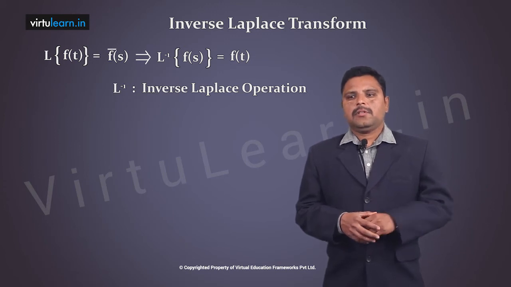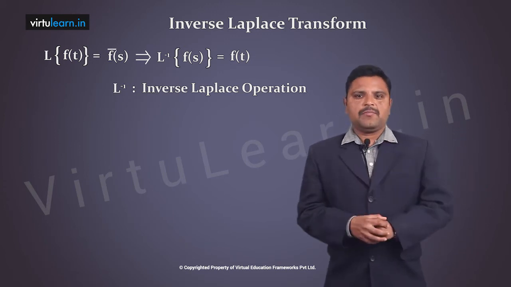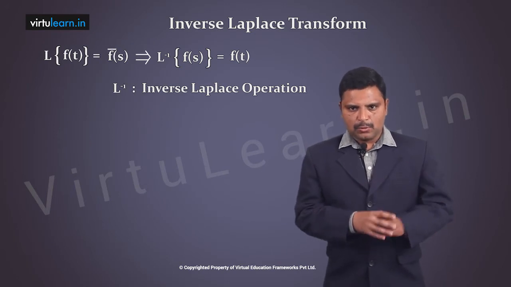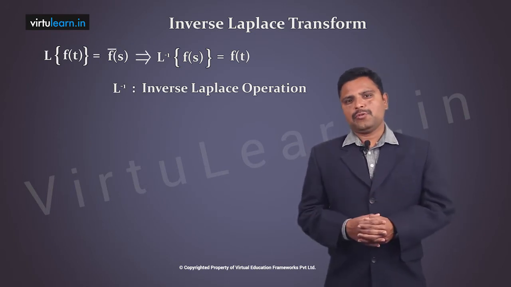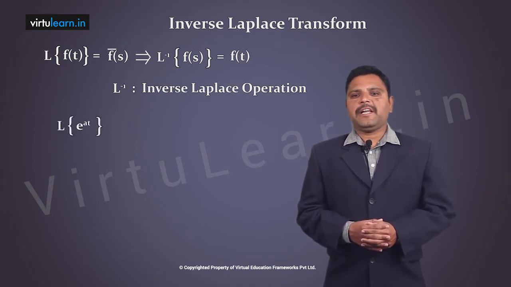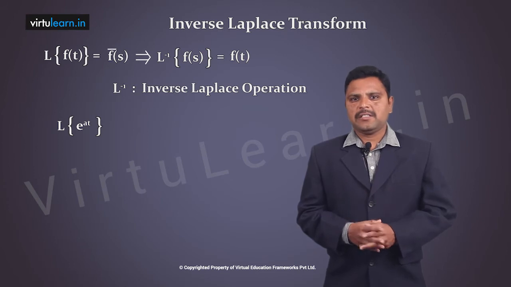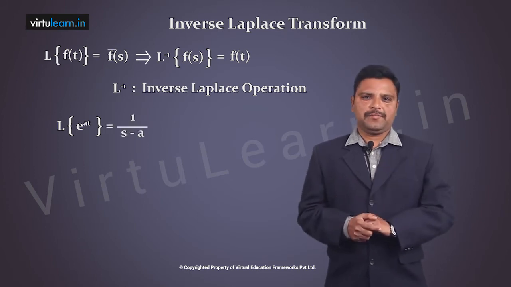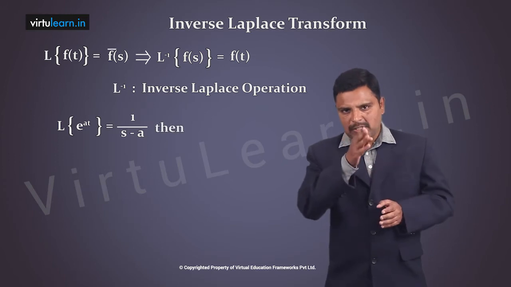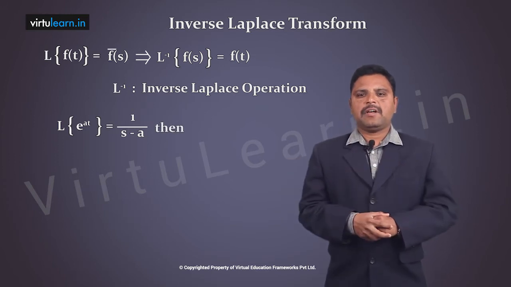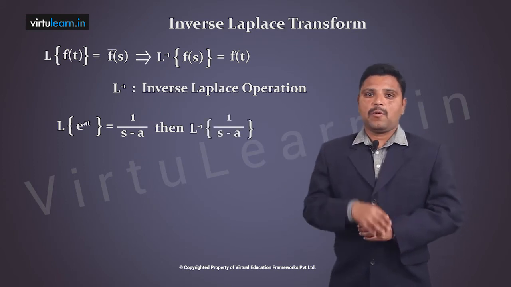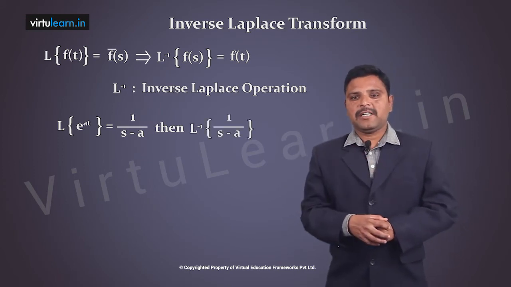Now, some basic formulas we have already done in Laplace transform. Those formulas only. Suppose you know very well the Laplace transform of e power at. The formula is 1 by s minus a. Then you send L to this side. Then what will happen? L inverse of 1 by s minus a, what remains on the LHS side?